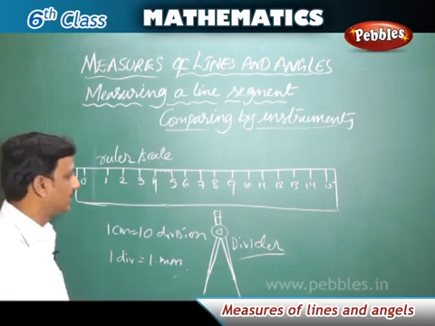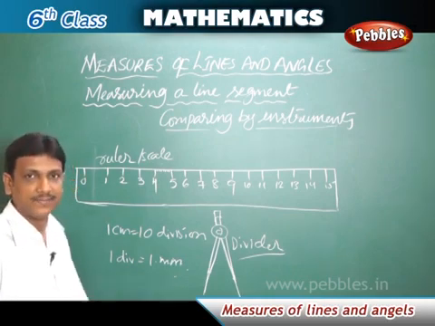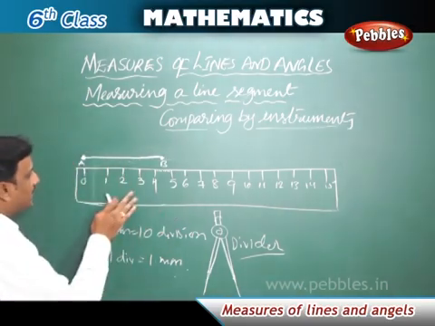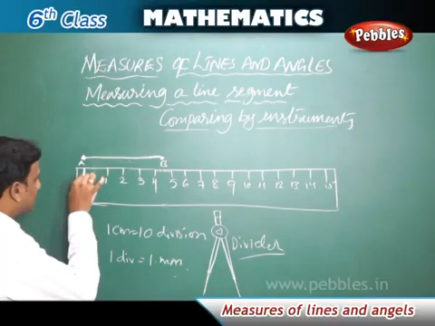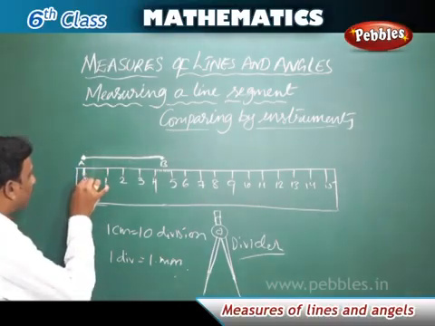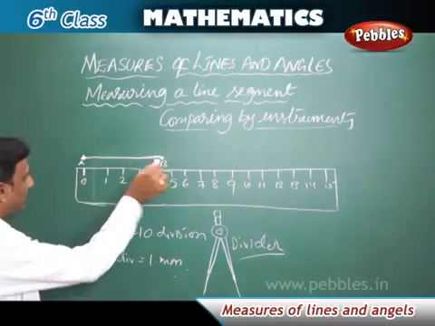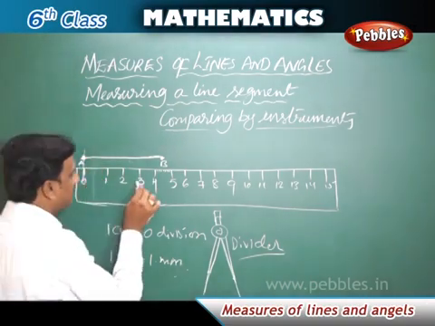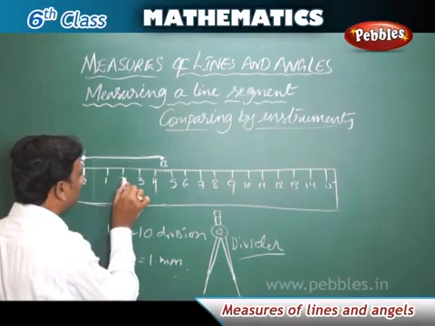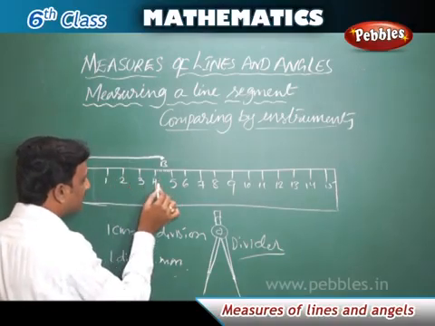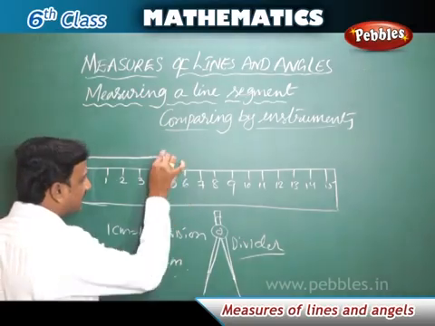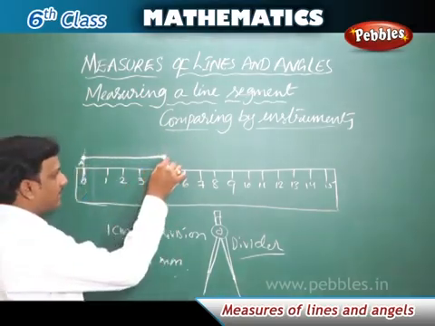Now let us find out the length of a line segment. Here is the line segment AB. Now we have placed our ruler, the 0 mark of the ruler matching with the first point of the line segment. So this is the starting point. Now see how many centimeters? 1, 2, 3, 4. 4 centimeters. But the line segment is bigger than 4 centimeters and smaller than 5 centimeters. Now let us see where the second point is matching.